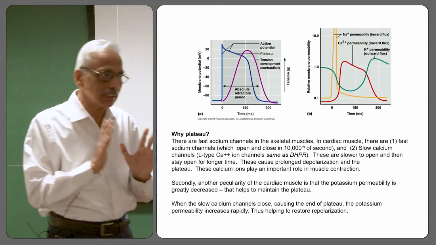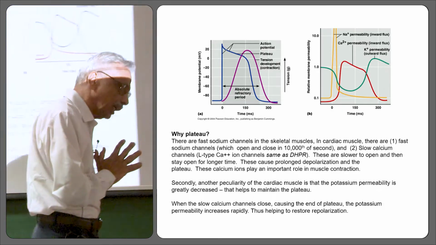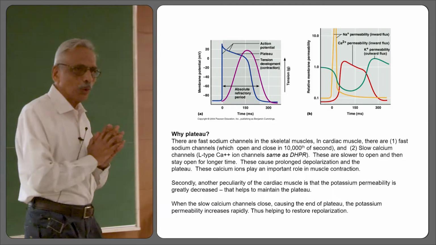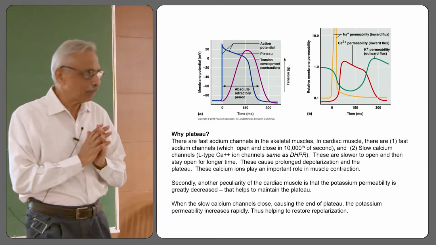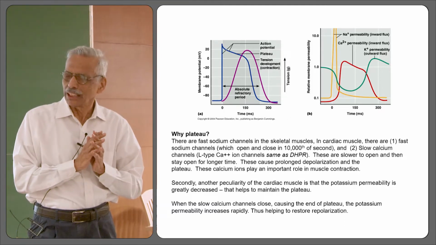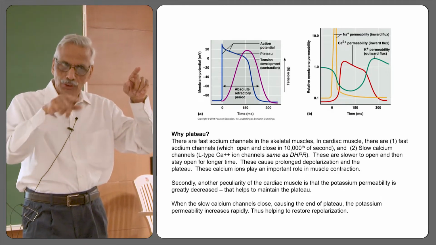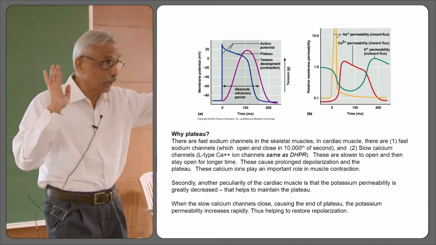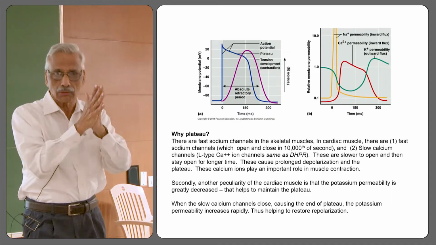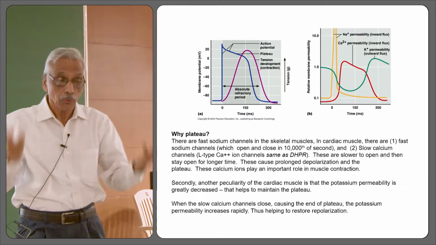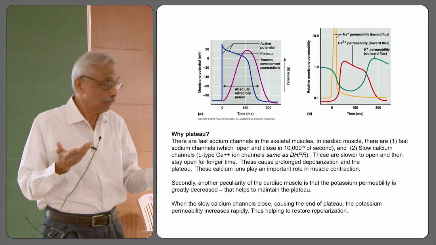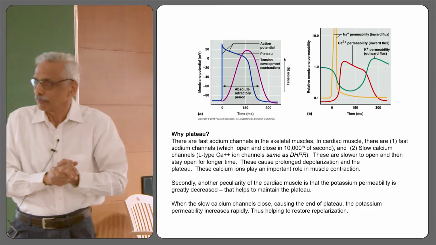Fast sodium channels are really fast because they open and close within the time frame of 1 upon 10,000 of a second. 1 upon 10,000, 4 zeros. Are you with me? It will open and close, open and close. We can't even imagine how quickly that happens.